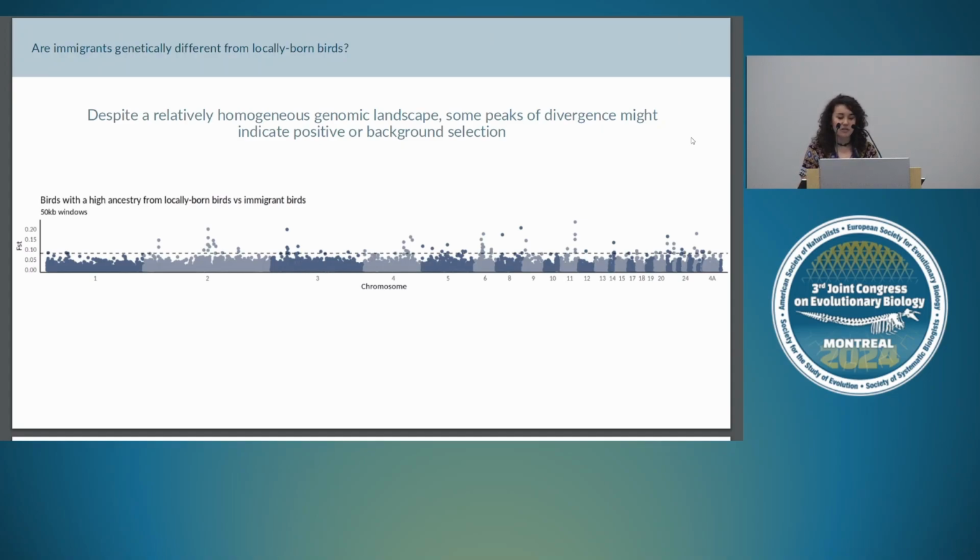So now what we need to know is what is underlying those parts of the genome that are highly divergent, which could be done by selective sweep scans or by looking at the genetic diversity, etc. That's something that we need to do in the future.